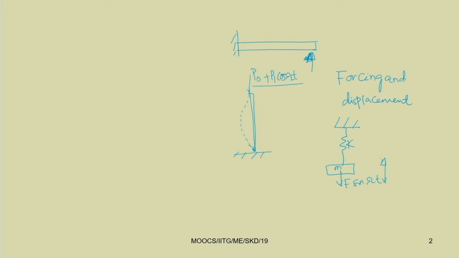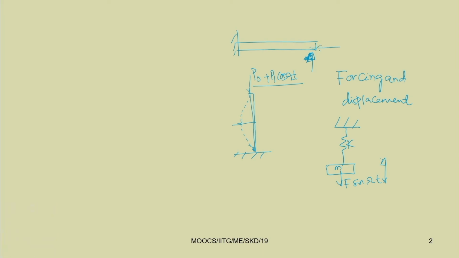So, when we are applying a constant load to the column, it starts to buckle. In this case the displacement takes place in a direction perpendicular to the direction of application of force. Here you are applying force in one direction and the displacement is taking place in the other direction.